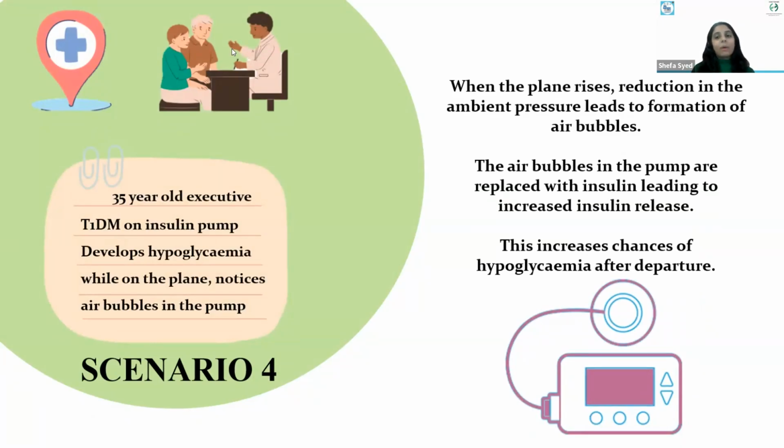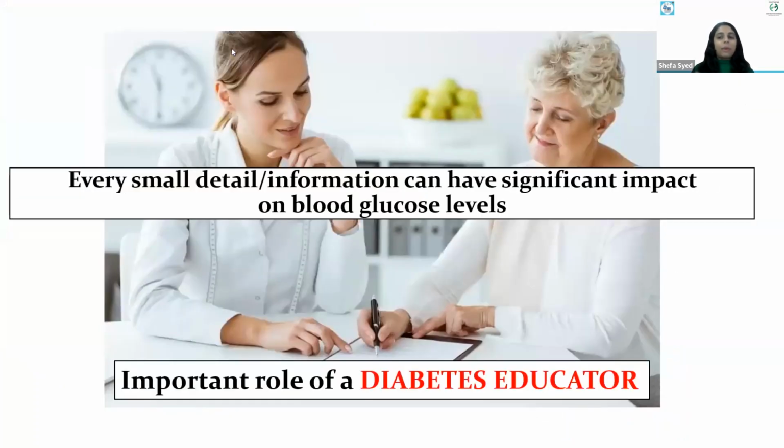These air bubbles are replaced with insulin, which slightly increases the insulin release from the pump, so there are higher chances of having hypoglycemia after departure. Basically, the person needs to prime the pump if they notice air bubbles after takeoff, and then frequently monitor the pump cannula as well as blood glucose levels to avoid any further hypoglycemia.